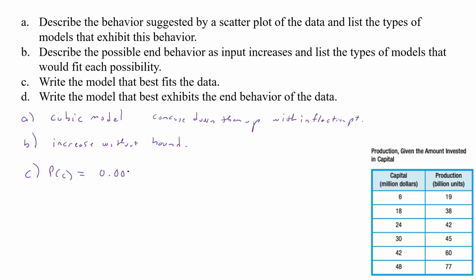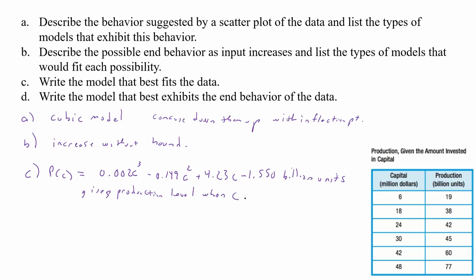And we had 0.002C cubed, and then we had a minus 0.149C squared, I'm using C's, I changed here what I was using, and then we had the plus 4.243C, and then we had a minus 1.550, and that's going to be billion units, given the production level, gives the production level when C million dollars is put into capital.